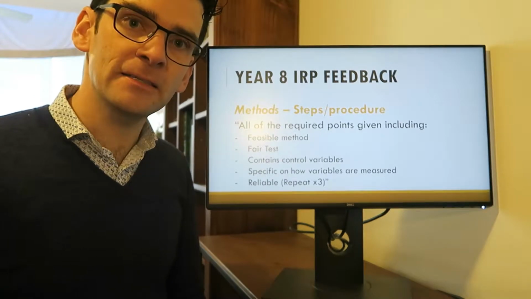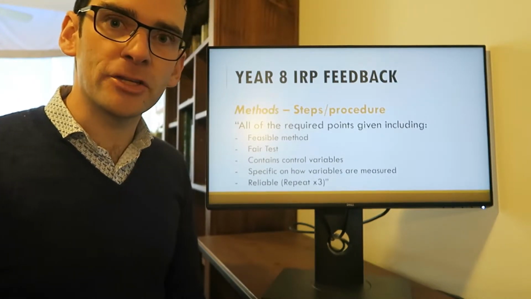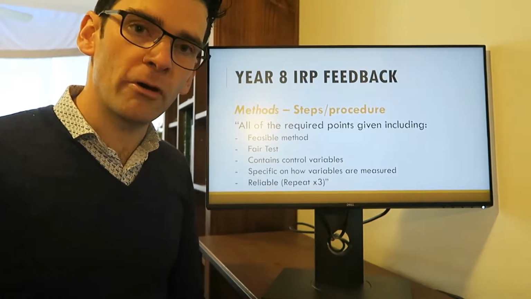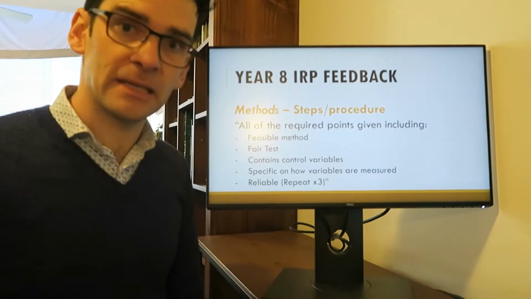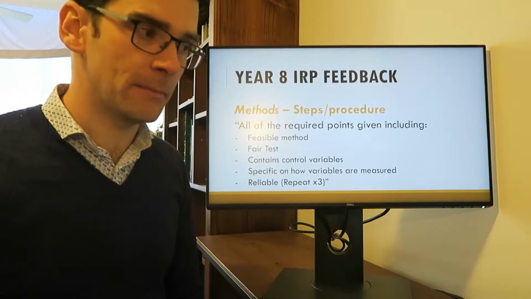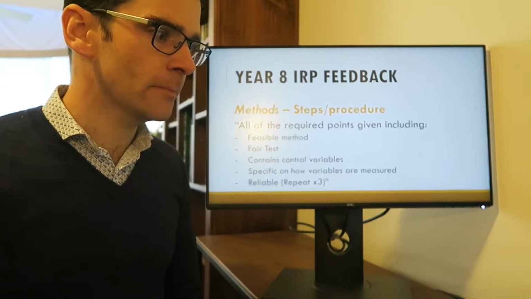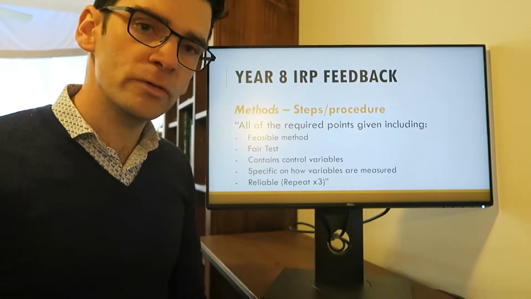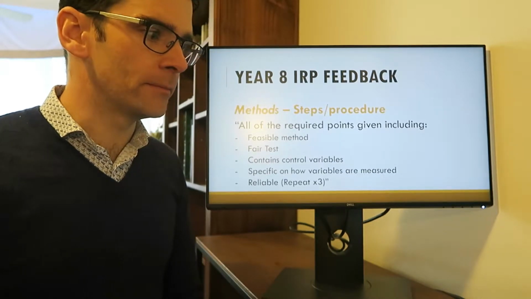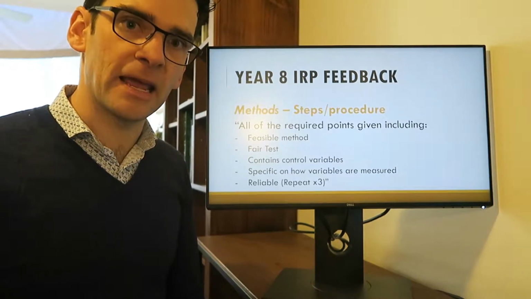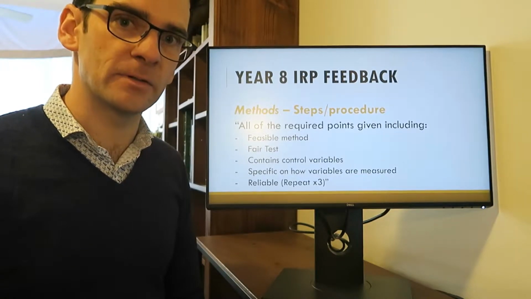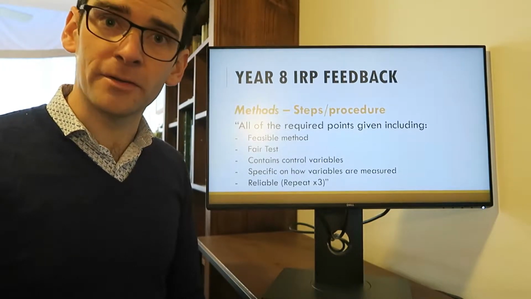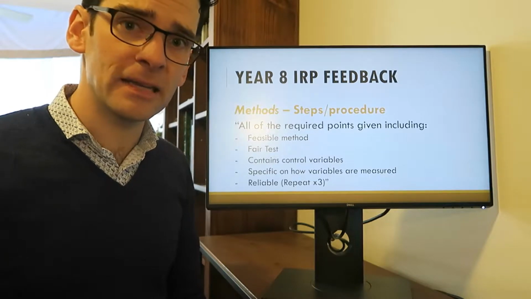It had to be a fair test, so you had to explain how each of your treatments were a fair test, or a way you can compare them, a standardized measure. You also had to have all your control variables listed and how they were important and why you chose them in some instances, because sometimes it's not as obvious why you had to undertake that certain step.